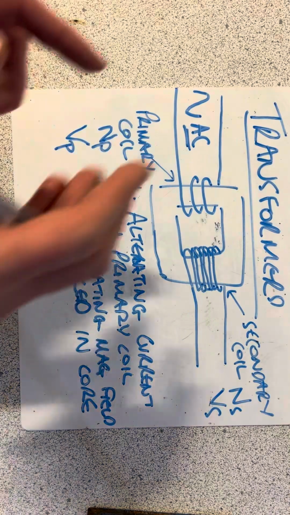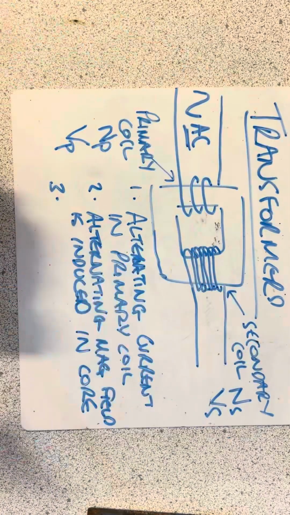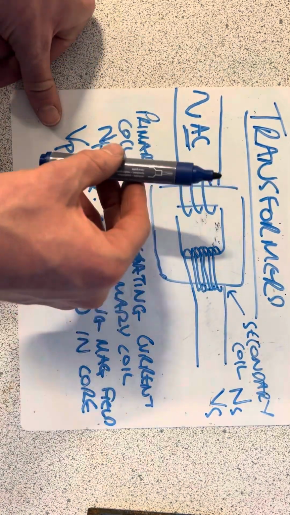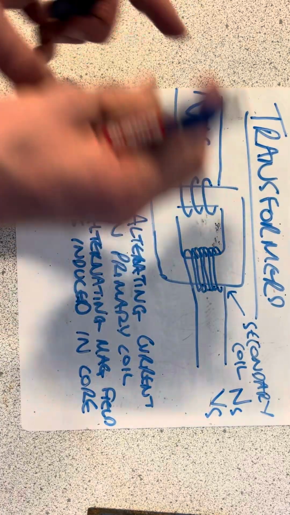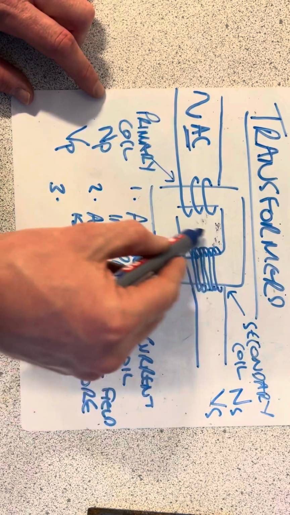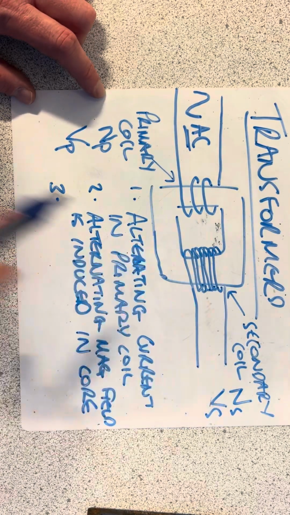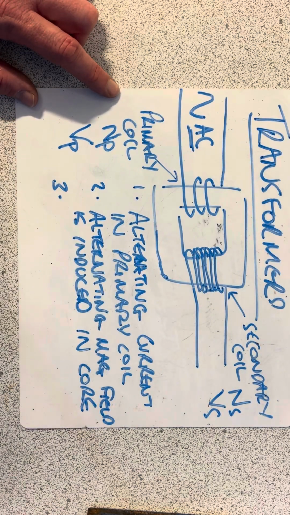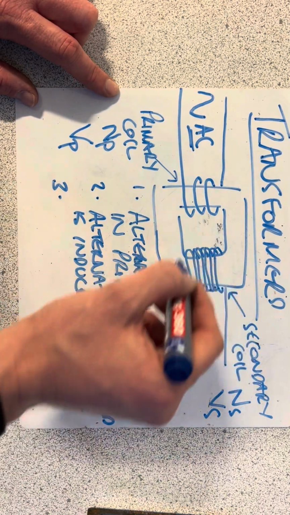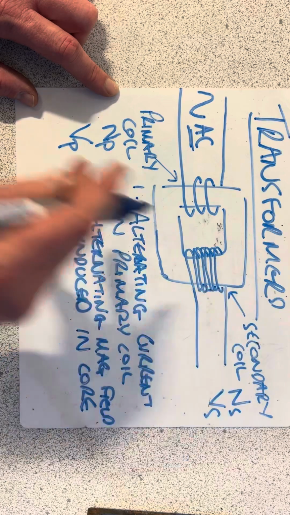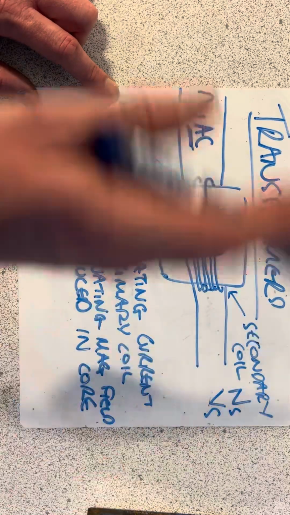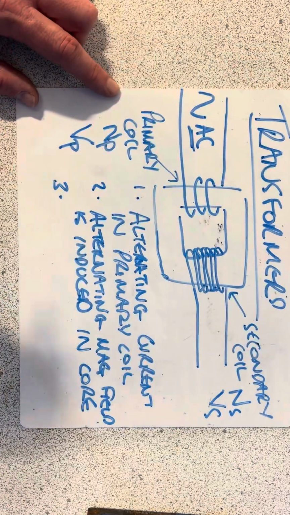Now, because it's an alternating current producing an alternating magnetic field, I want you to think about the magnetic field in this core kind of going one way, then the other way, one way, then the other way. And what that means is that this secondary coil experiences a changing magnetic field. So in effect, these coils are cutting that field line over and over again.